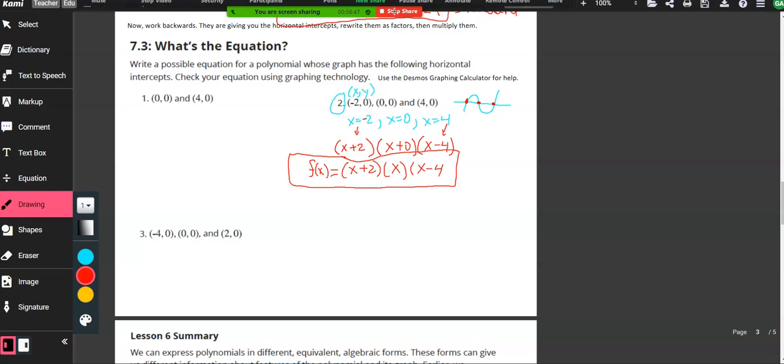And just for practice, right here for number 3, the x-intercepts would be x equals negative 4, x equals 0, and x equals 2. Then you would put the parentheses, and inside the parentheses, you change the sign. So if this is -4, then you go to +4.